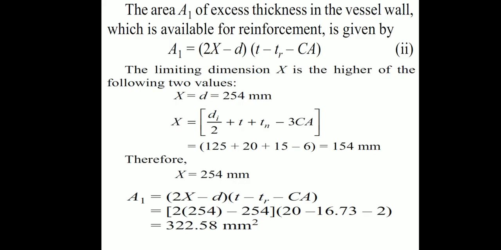Now let us calculate area 1, that is A1. It is calculated using the formula 2x minus d into (T minus Tr minus Ca), where x is equal to d, which is given as 254 mm, or x is equal to d1, Di divided by 2 plus T plus Tn minus 3 times corrosion allowance, which is equal to 154 mm.